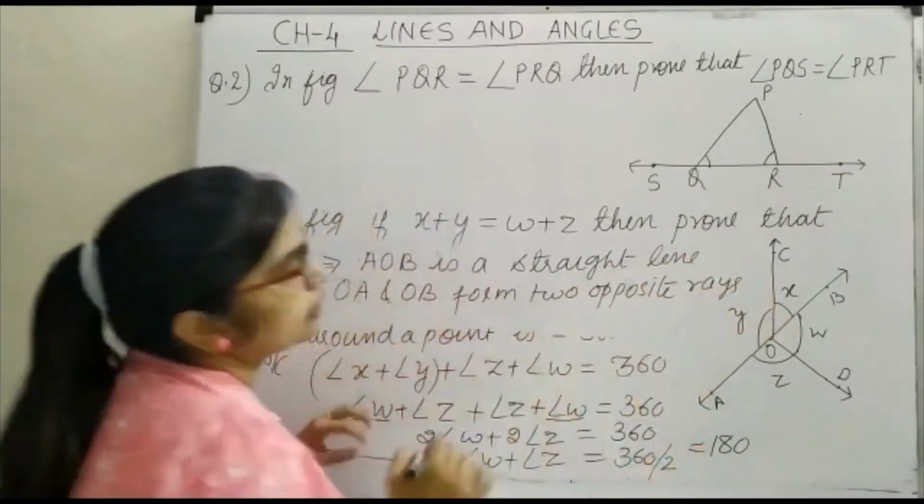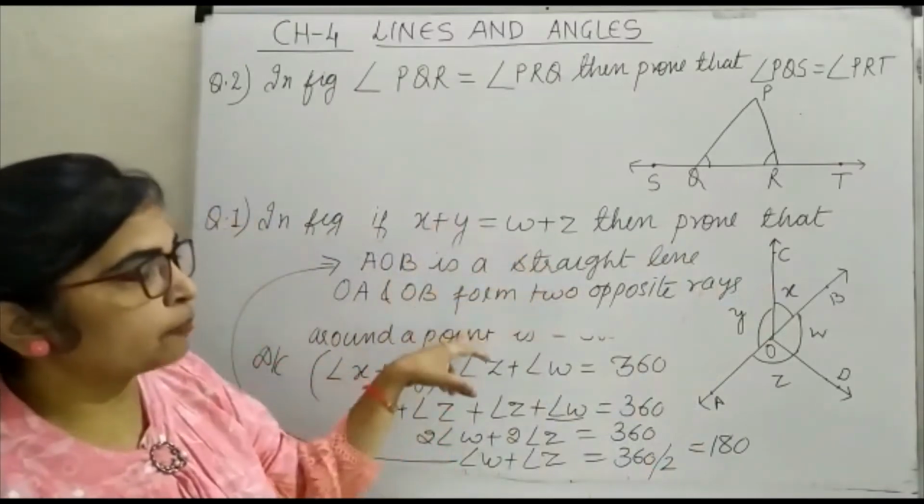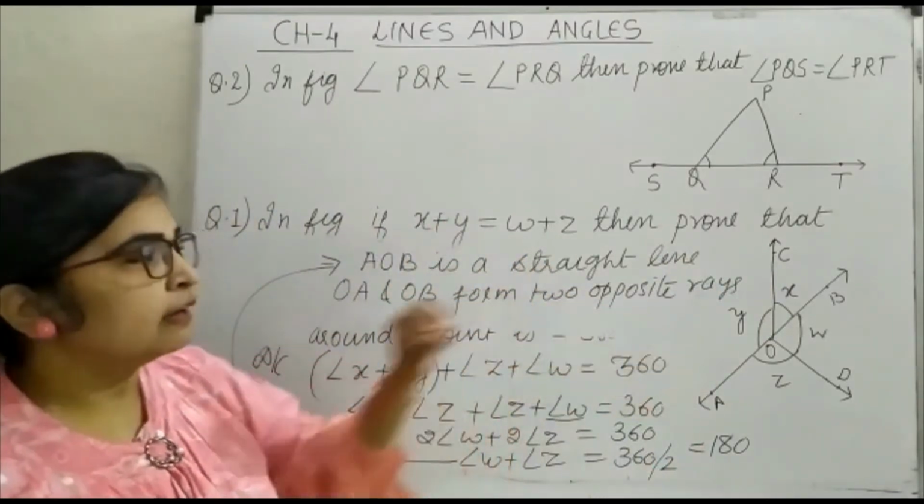Both have the same meaning. So this is how, with the given condition, we have proved that AOB is a straight line.